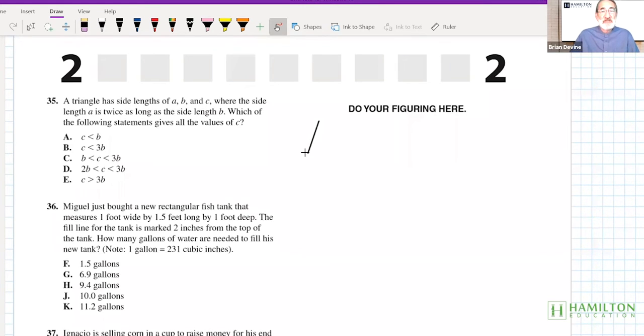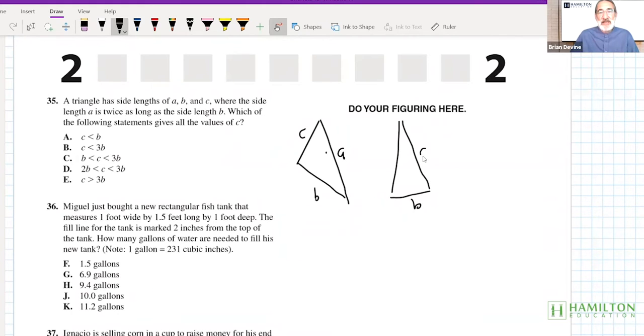I could have, let's make that C, and then this A, undo that one. I'll make that twice as long. We'll do it something like this. C, B, A. Or I could have something like that.